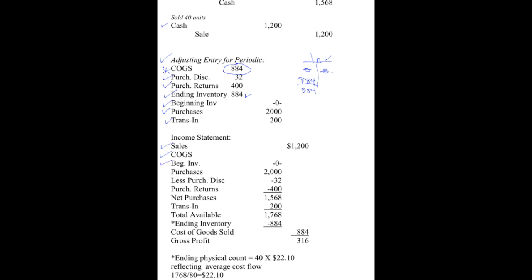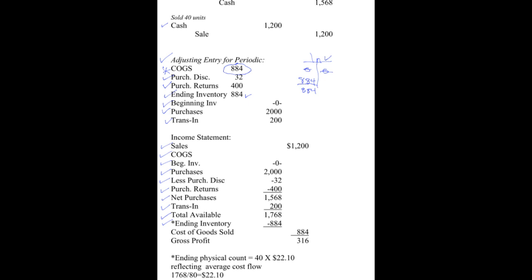Beginning inventory is 0 plus our purchases less discounts and returns equals net purchases. Add to that your transportation in, and that is your total goods available for sale during the period. Subtract from that the amount of your ending inventory account, and you'll have your cost of goods sold.